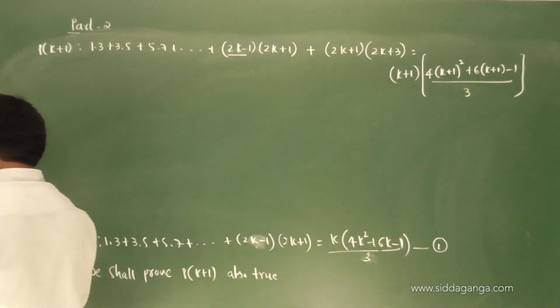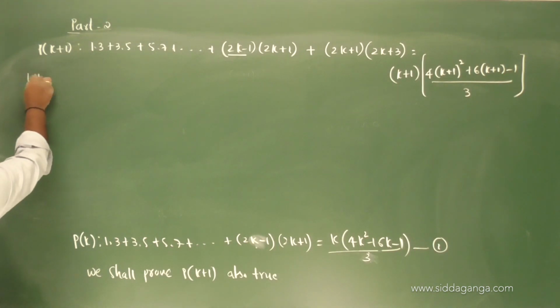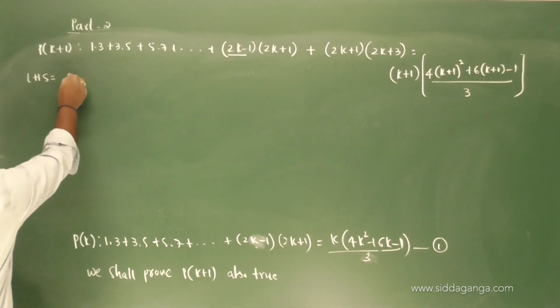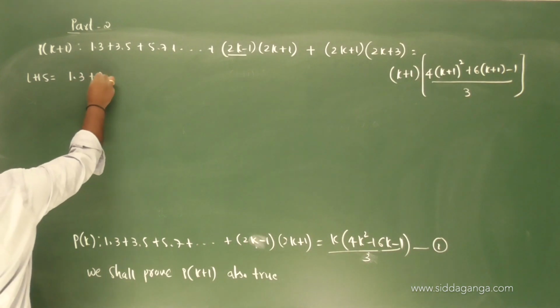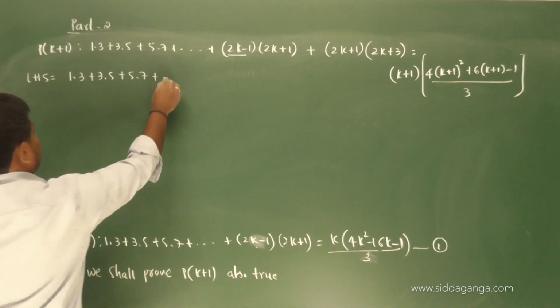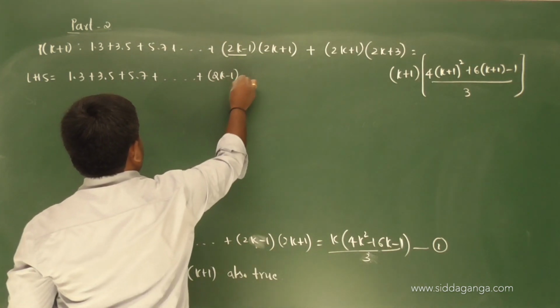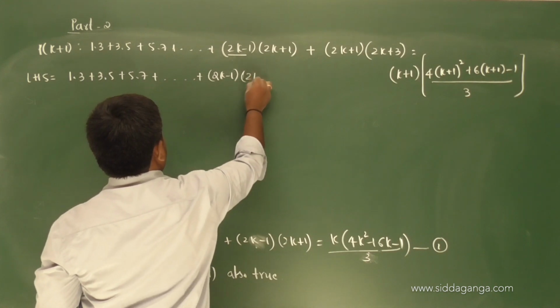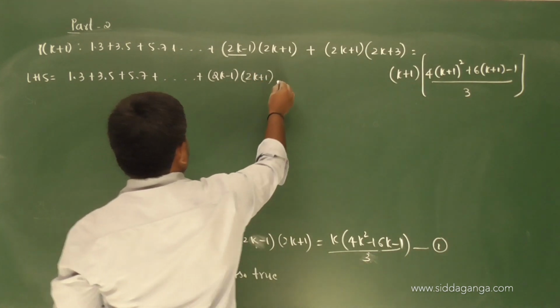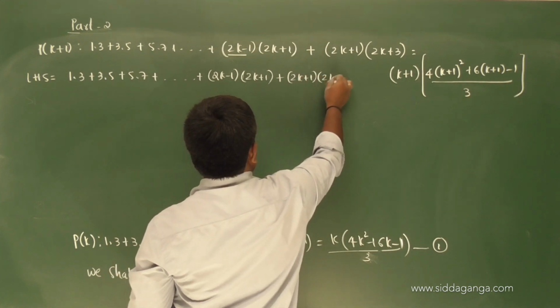Now let me prove it. Let me take the LHS. The LHS of this statement is 1 into 3 plus 3 into 5 plus 5 into 7 plus, the kth term, 2k minus 1 into 2k plus 1. So the k plus 1th term is 2k plus 1 into 2k plus 3.